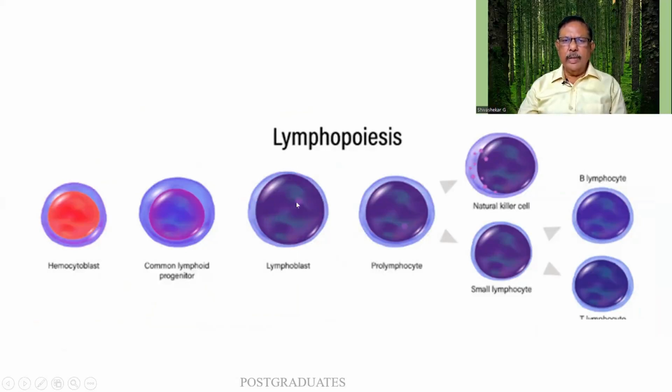Nucleoli are less in number, 0 to 1 or at the most 2 in number. And it becomes a pro-lymphocyte, and it can be either an NK cell or a small cell from which you can get the B lymphocyte, ultimately the plasma cell. This will be the lymphopoiesis. Do not get confused with the types of leukemias, etc. The purpose is mainly to appreciate the difference between a myeloblast and a lymphoblast.